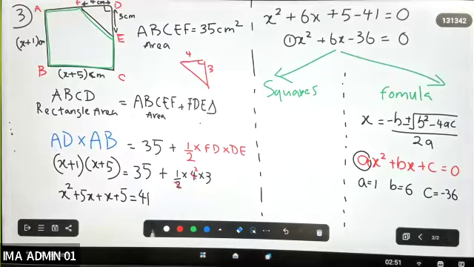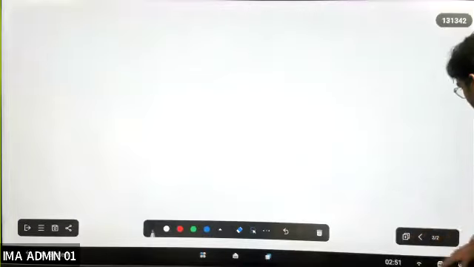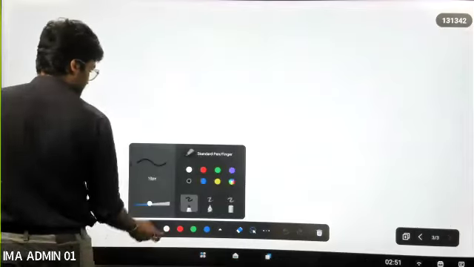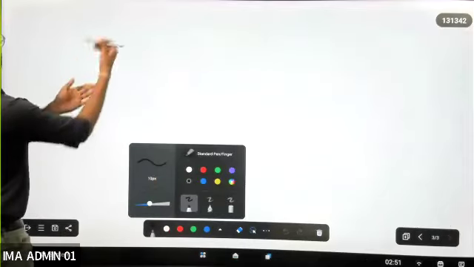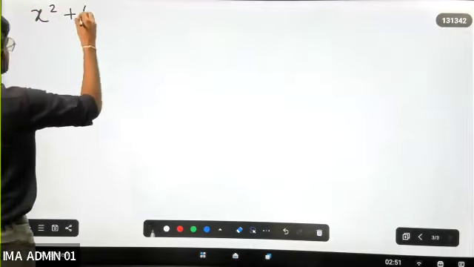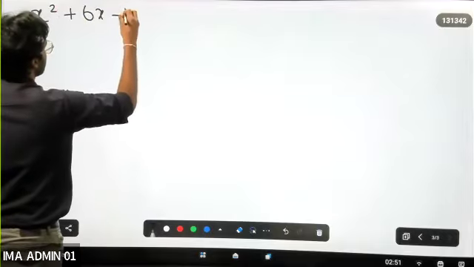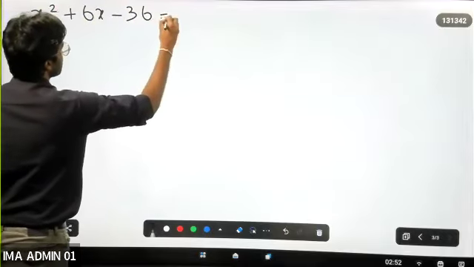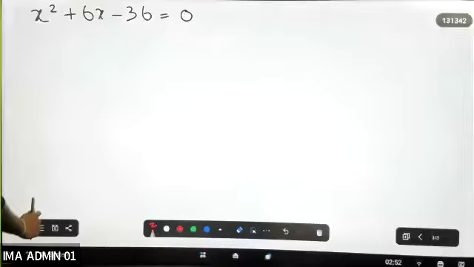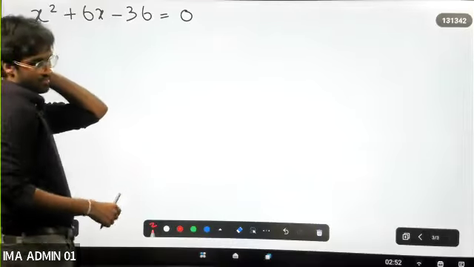The other method is this, right? If you need the previous page, please mention. And what's the equation which we got? x squared plus 6x minus 36 equals 0. Now I will solve this with the squares method.